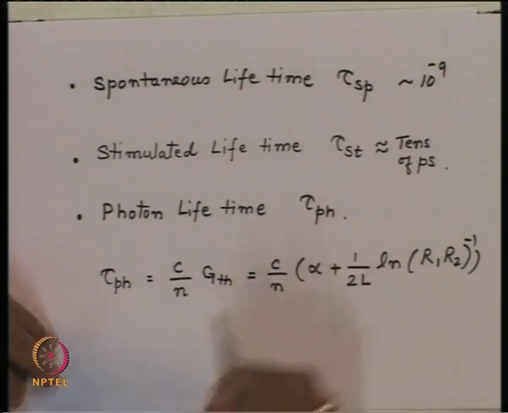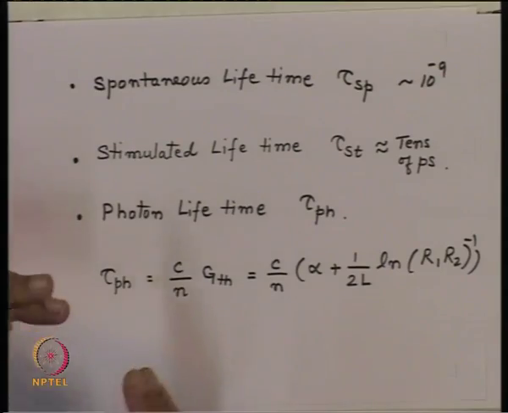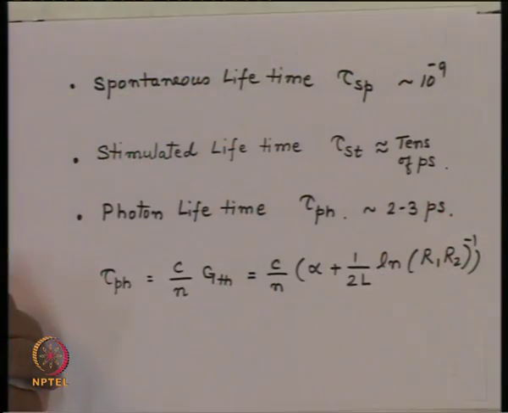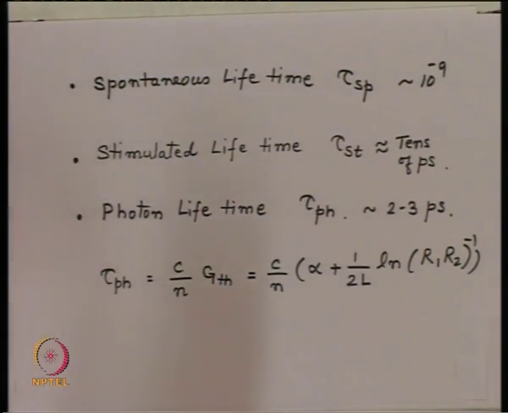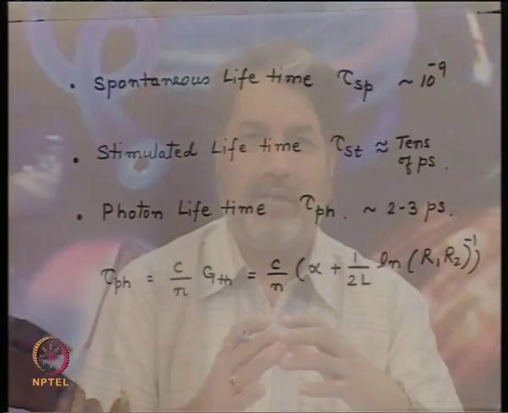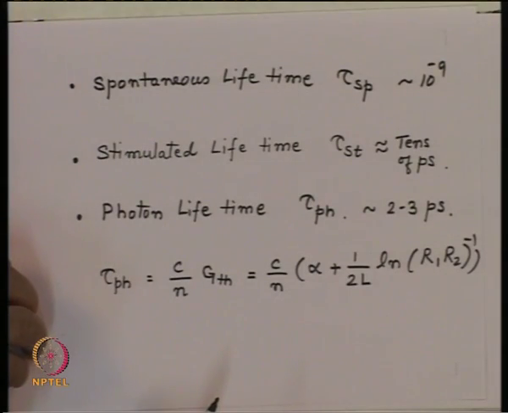And this photon lifetime, if we calculate for the typical cavity which we use, could be of the order of about 2 to 3 picosecond. What that means is that for a typical device, we cannot have the radiation or the modulation which can change shorter than 2 to 3 picosecond, because once the photon is generated, you will not be able to change the photon flux within this time, which is the photon lifetime.